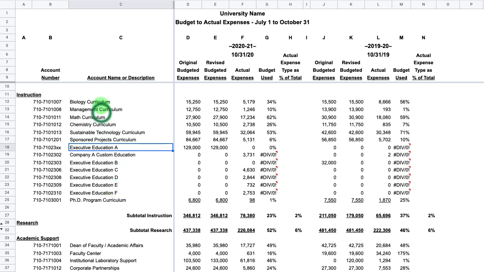But maybe you don't have a very big portfolio where you would need to do it this way. It could be broken down by bachelor's, master's, and PhD, or it could be broken down by education abroad program to location A, to location B, to location C. You can break down the budget in any way you need to.